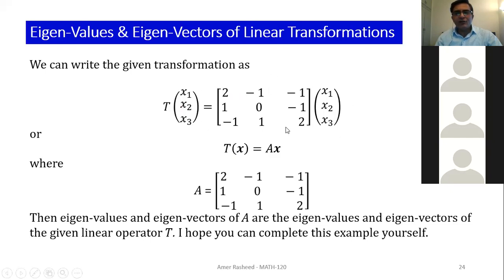Now, once we have written that linear operator or the linear transformation in this form, T of x is equal to Ax, where A is what? This one. Now, it is the same as finding the eigenvectors and eigenvalues of this matrix A. The eigenvectors and eigenvalues of this matrix A will be in fact the eigenvalues and eigenvectors of this linear transformation.